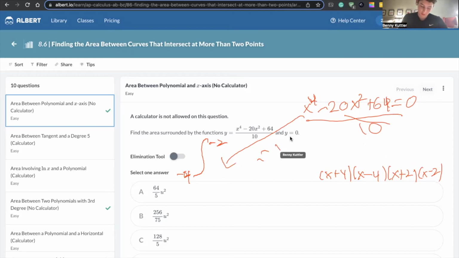Yeah, so x to the 5th over 50 minus, so that's just going to be 2x squared minus 2 over 3x cubed plus 64 over 10x, which simplifies, but actually we'll just simplify it, 32 over 5.